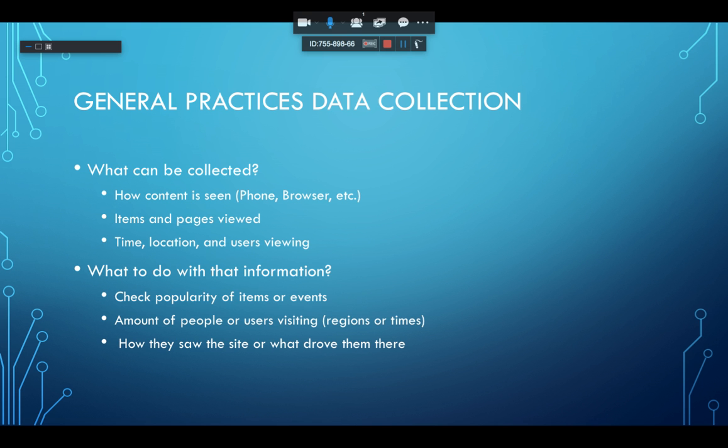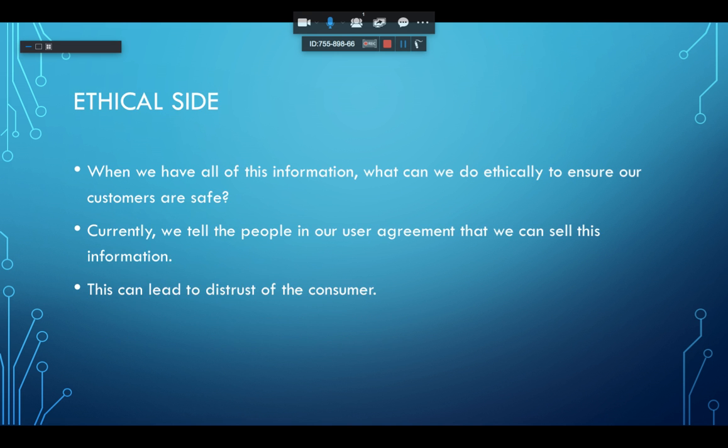We can tailor our site more. So if 90% of the people visiting my site are on mobile, and we don't have a mobile user friendly website, we're going to need to change that. By using those kinds of data points, we're able to see exactly what needs to be changed and what needs to be fixed.